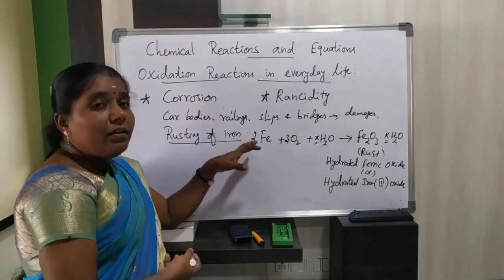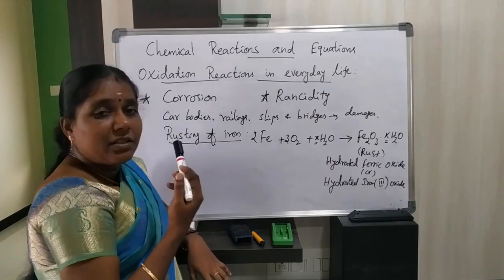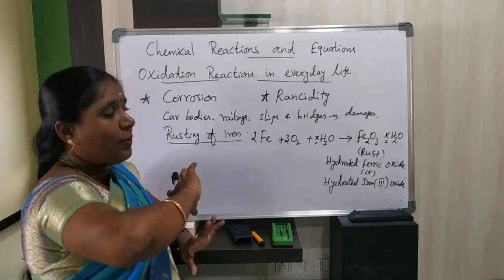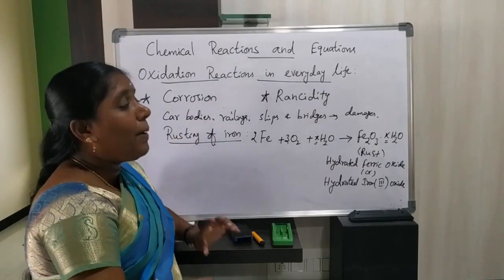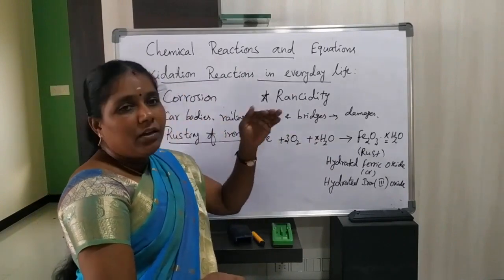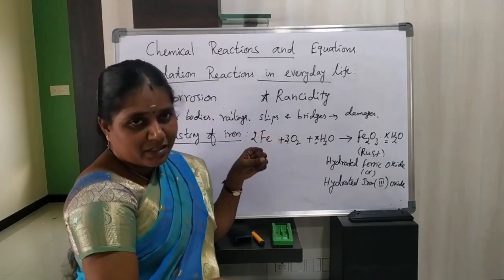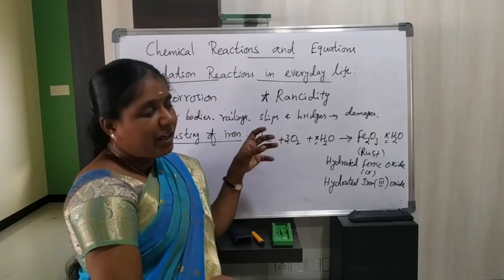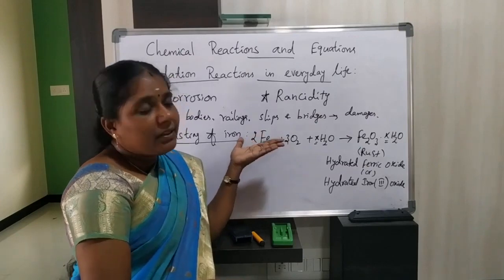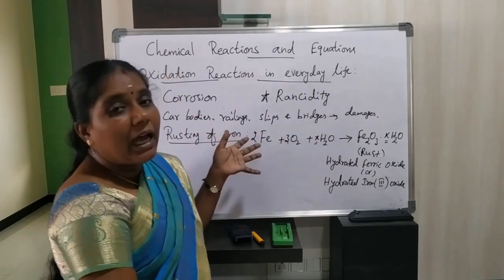Iron combines with moisture and the air present in the atmosphere, and reacts together to form a new substance, rust. It forms a new coat on the iron object, and that is called rust. So the iron objects get destroyed, and the name of that chemical substance is hydrated ferric oxide or hydrated iron 3 oxide.